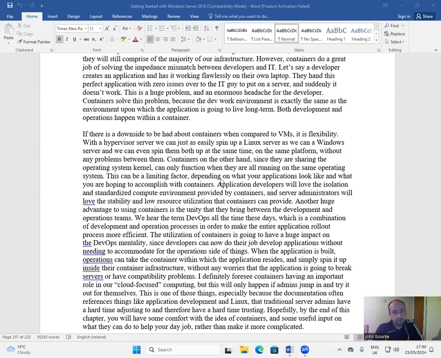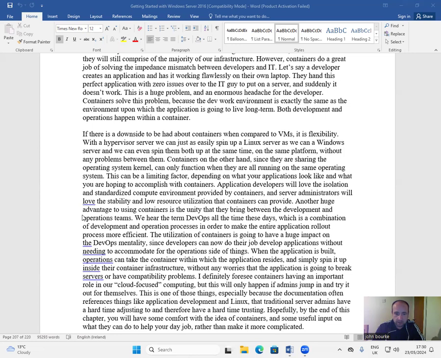This can be a limiting factor depending on what your application looks like and what you're hoping to accomplish with containers. Application developers will love the isolation and standardized compute environment provided by containers, and server administrators will love the stability of low resource utilization that containers can provide.